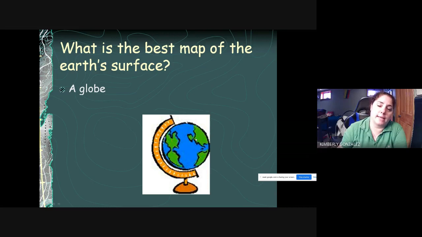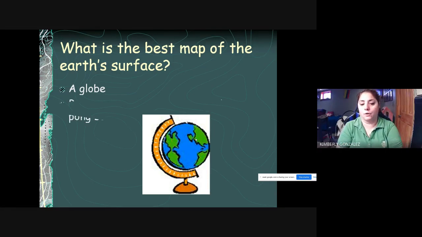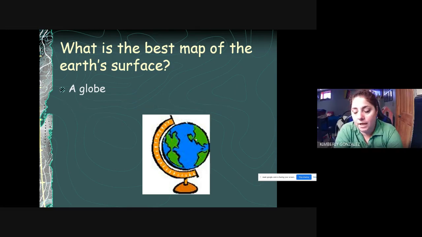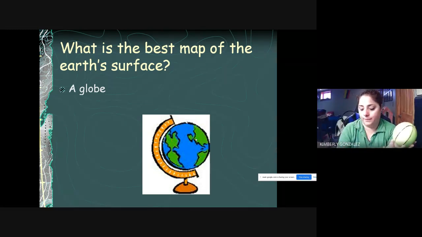It's not drawn to scale, so you have to actually scale it out to see how far things are from point A to point B. If I was to ask you to go in your house and find the best version, I have a mini basketball here, but they say the best one actually is a ping pong ball, and there's a little bit of a reason why.